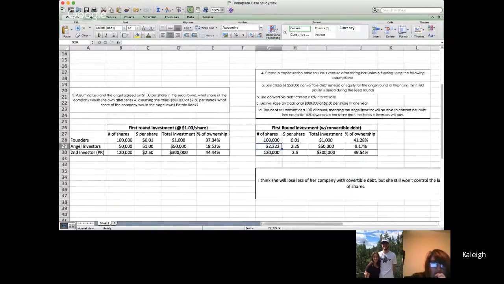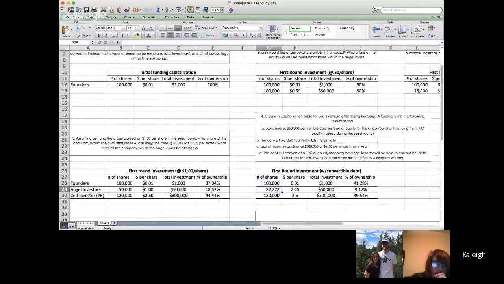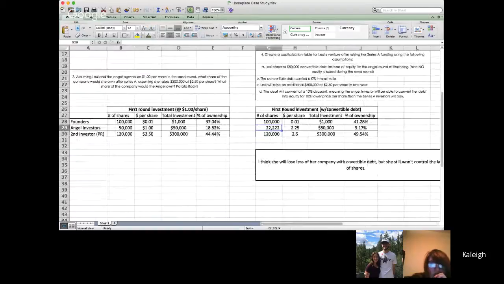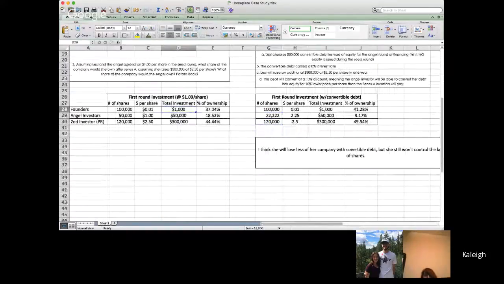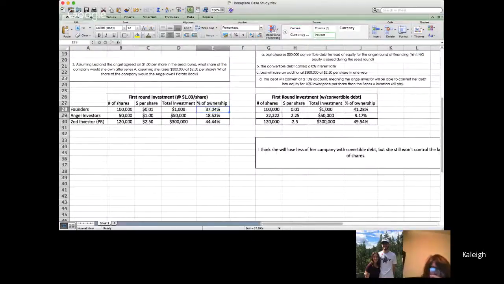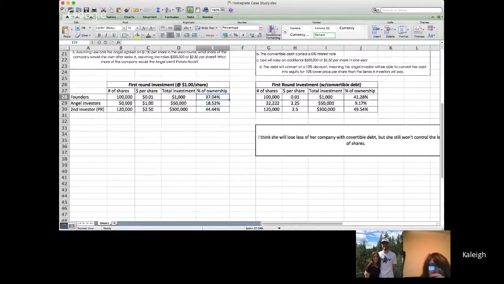Like if you look, over here, she's already losing ownership of her company. She owns less than half of her company here. But with convertible debt, she owns a little bit more than she did without doing convertible debt.